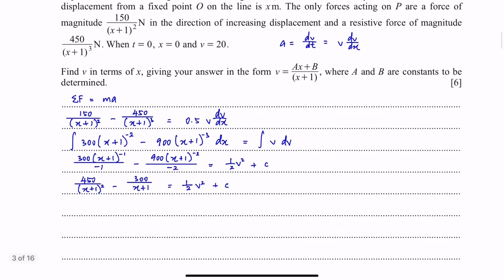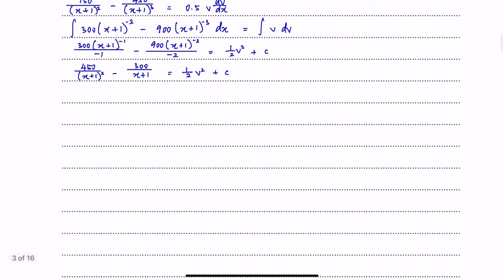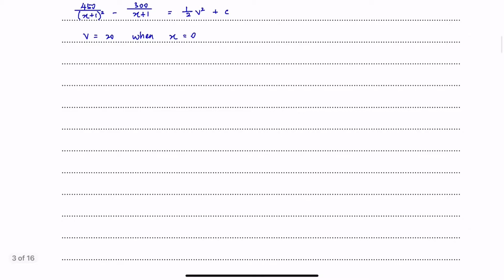So from the question, we know that when t equals 0, x is 0 and v is 20. So v equals to 20 when x equals to 0. So we have 450 minus 300 equals to half times 20 squared plus c.